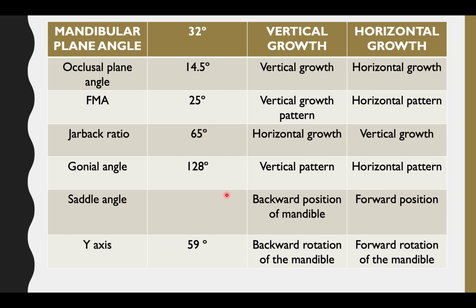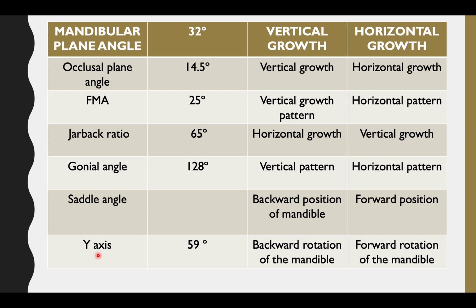Increased saddle angle shows a backward position of the mandible and a poor prognosis for functional appliances, and decreased saddle angle is a forward position. That means in class 3 cases, with respect to the cranial base they are forwardly positioned. So any setback surgical procedures may also get severe relapse in such conditions.